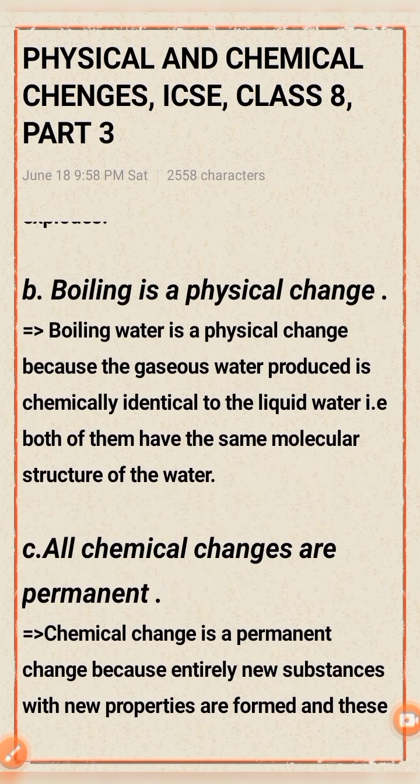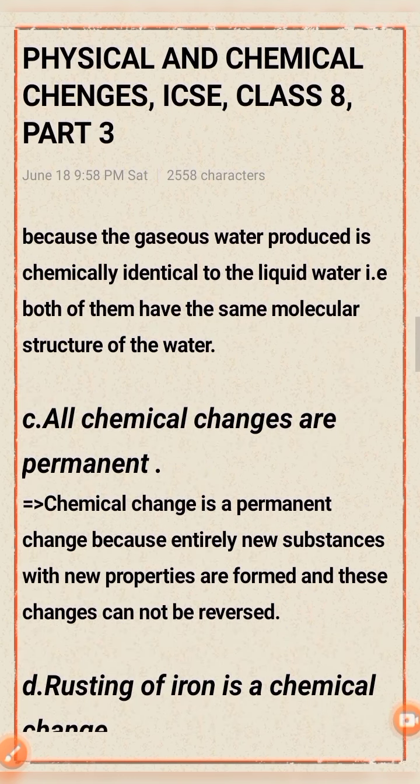That is, boiling is a physical change. Next, all chemical changes are permanent. A chemical change is a permanent change because an entirely new substance with new properties is formed, and this change cannot be reversed.